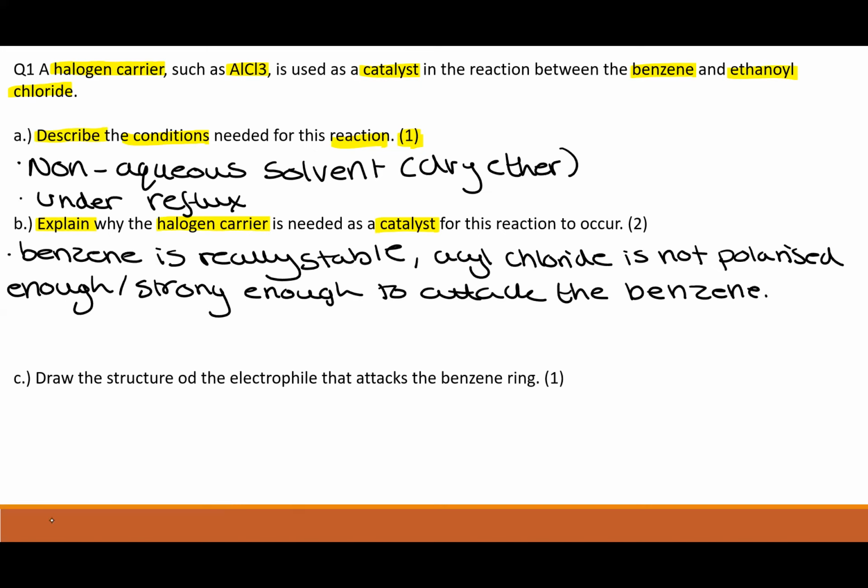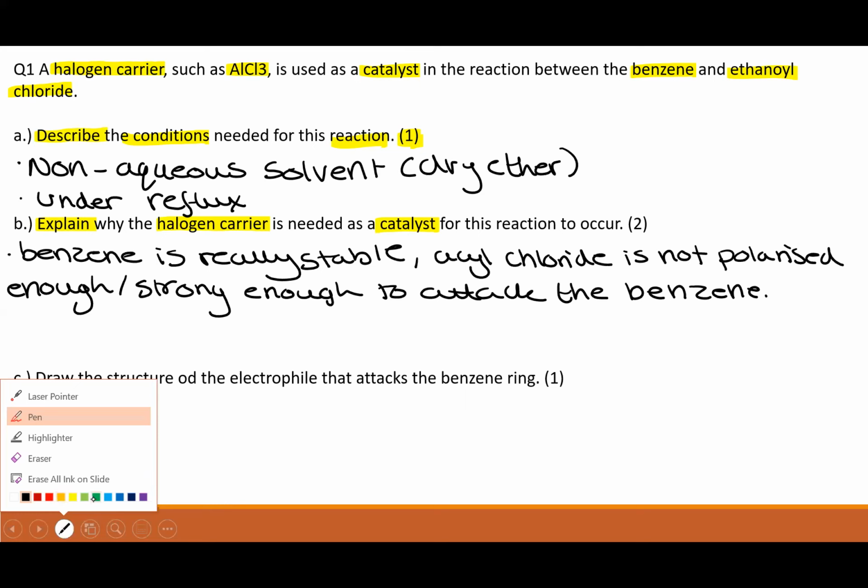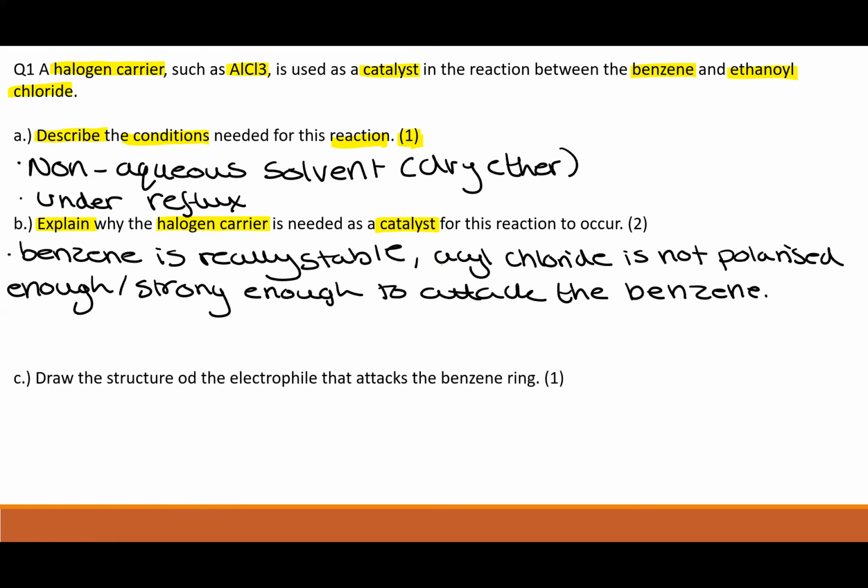So you've explained what has happened: acyl chloride can't work on its own as an electrophile. It's not a polarized, strong enough electrophile to attack the benzene. 1 mark. Second mark, we explain why we need that halogen carrier.